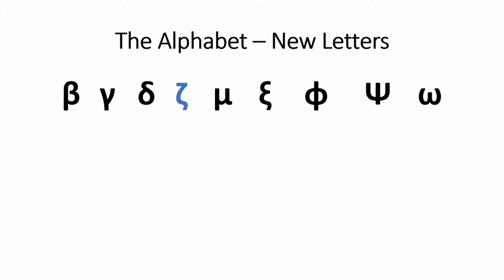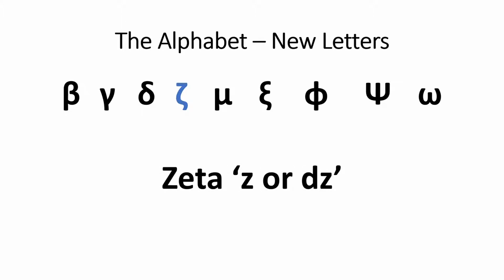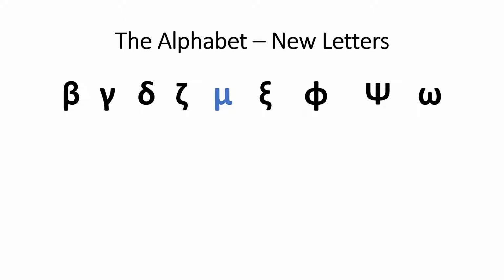What about this letter? Zeta makes a Z sound. Mu, making an M sound, mu. Xi, making an X or a KS sound, so X, xi.